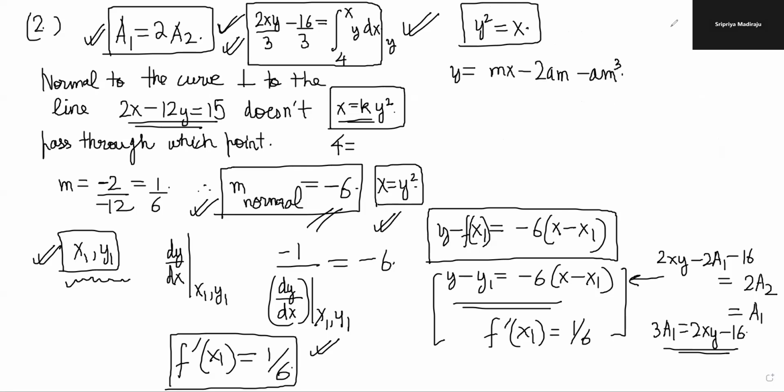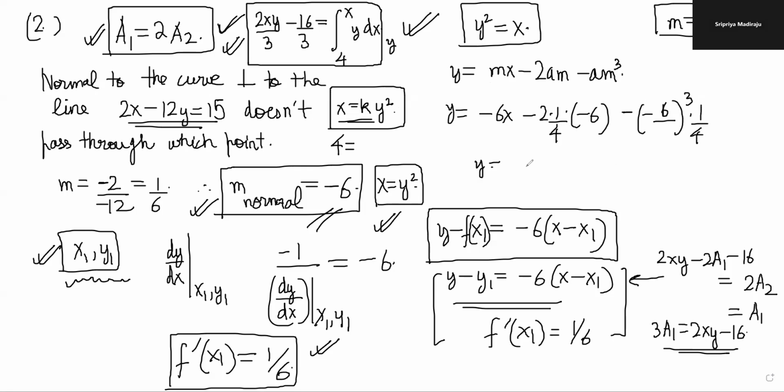This is the equation of the normal if m is given as minus 6. So y is equal to minus 6x, minus 2 into a, which is 1 by 4, into minus 6, minus (minus 6) whole cube into 1 by 4. This is plus 12 by 4, so plus 3, and this is plus 216 by 4, which is 54. So you are getting 6x plus y is equal to 57.